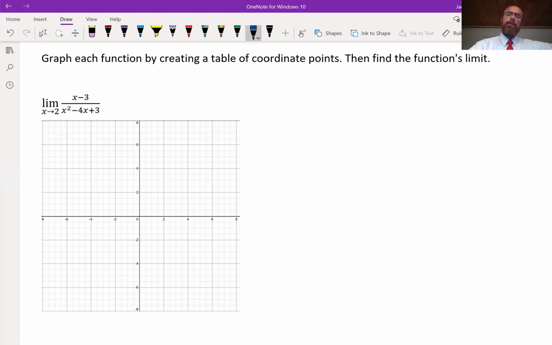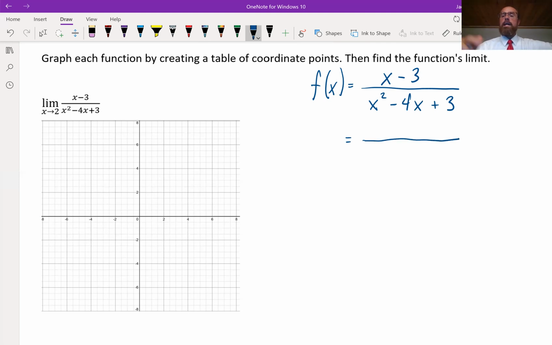So I want to give you a moment just to think, what would you do first algebraically to graph this function? So I'm just going to record it here as f of x. What would you do first? And you can think back to what we did first in the last example.